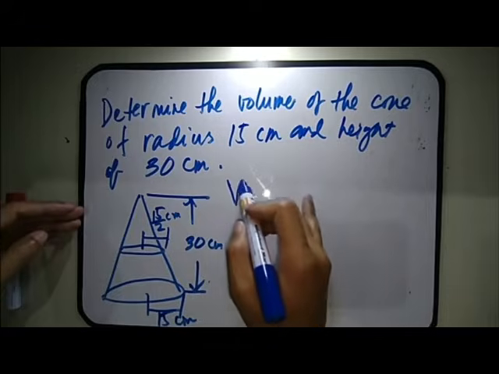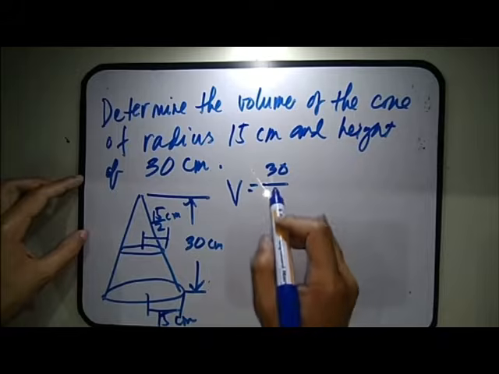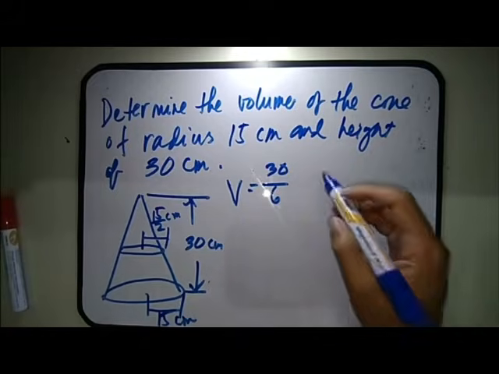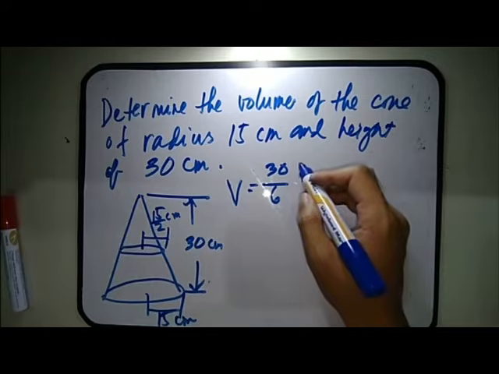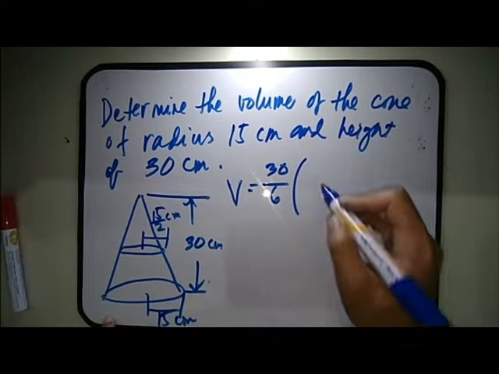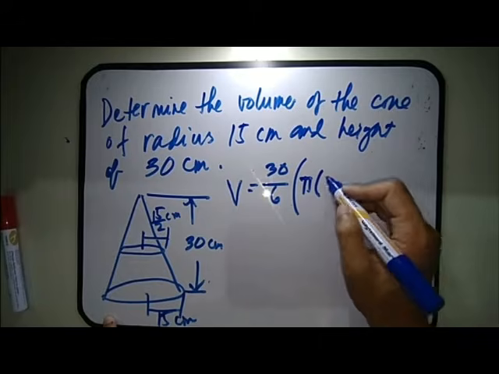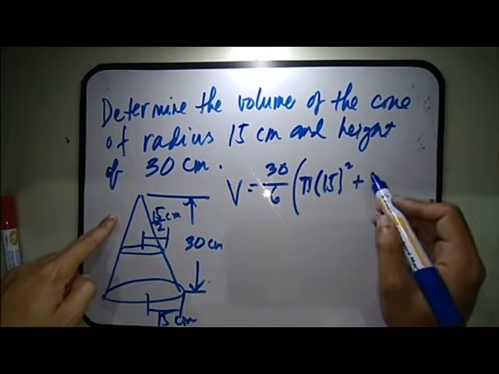We have volume equals, H is 30 over 6. Let's go straight through it. Just keep repeating the formula until you memorize it. So, 30 over 6. The bottom area is pi r squared, so pi times 15 squared. Plus the top area, which is 0.